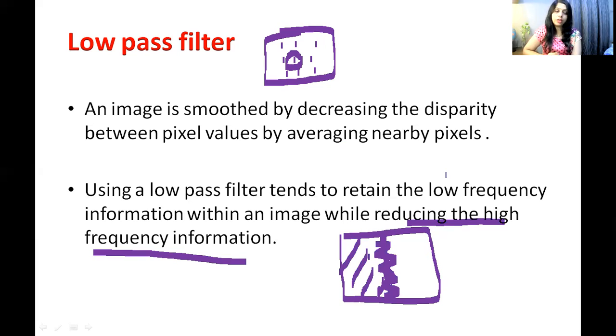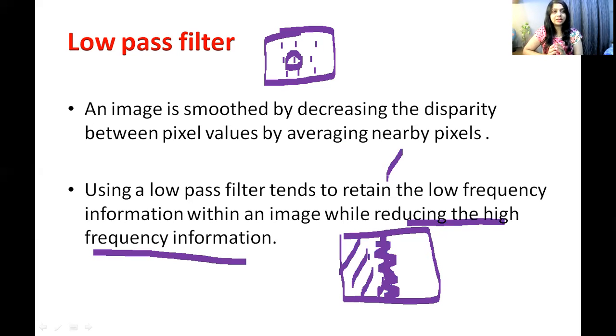In an image, wherever you find edges, for example in this picture this hair is giving some edge, and this is also giving some edge, these are high frequency information in the image. Low frequency means wherever there are not many changes.